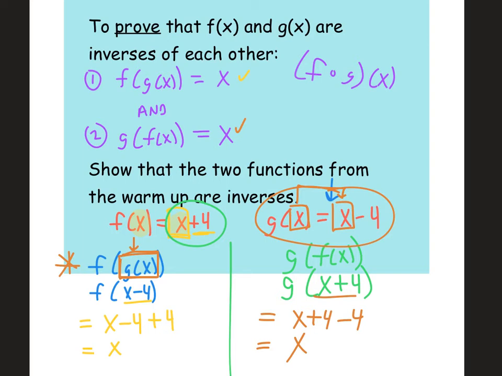You take your new number, your answer, and you now apply f, which says basically just add the 4 right back. So you had your original number, you subtracted 4, now you added the 4 right back. You're going to get right back to whatever your original x value was. That's all this is saying. It seems complicated and weird, and it's kind of messy, but it's really just saying you do one function and then the other one undoes it and gets you right back to whatever x you originally started with.